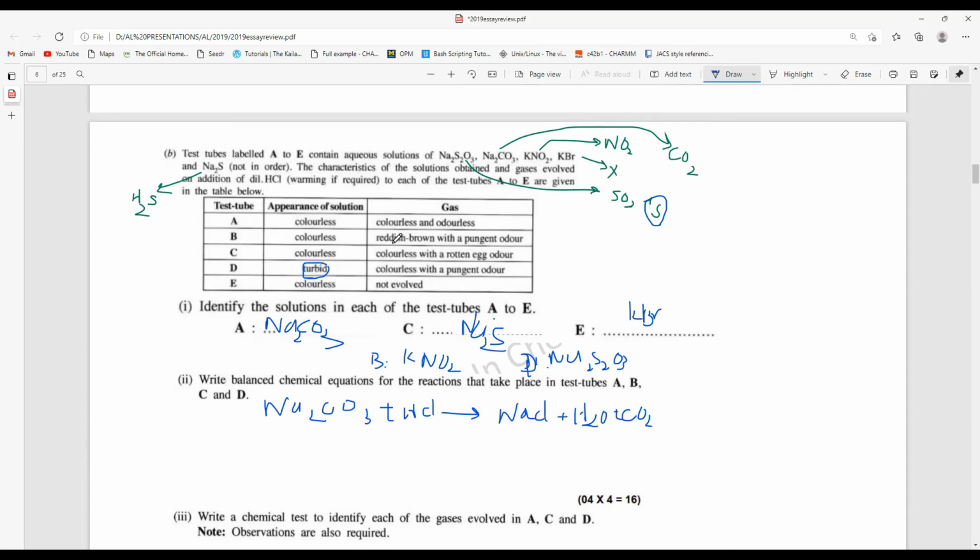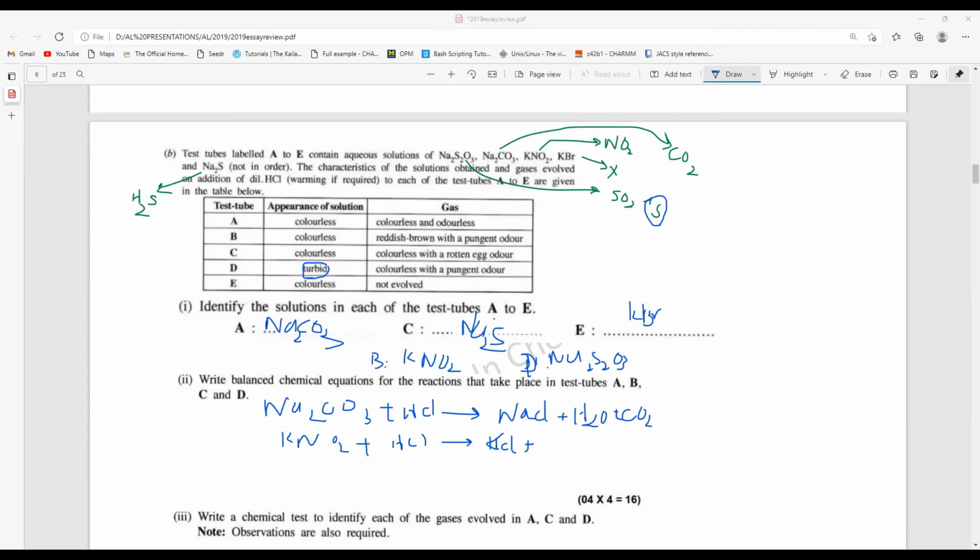And B, what is B now? KNO2. So again you can write KNO2 plus HCl. It would form KCl, so HNO2 will remain here.